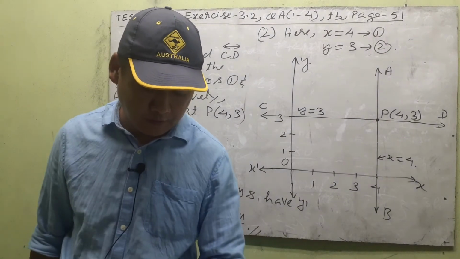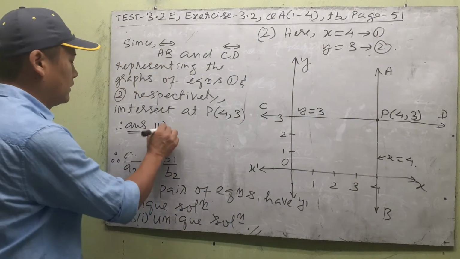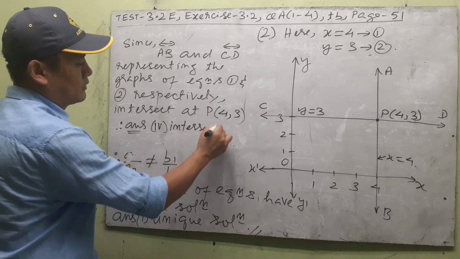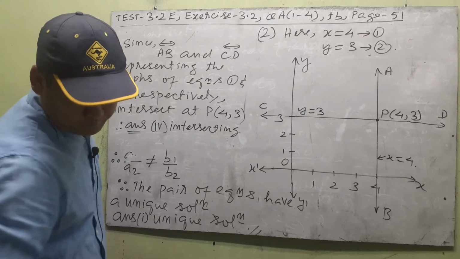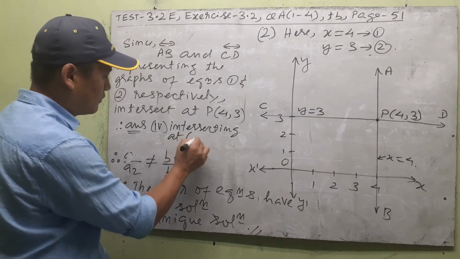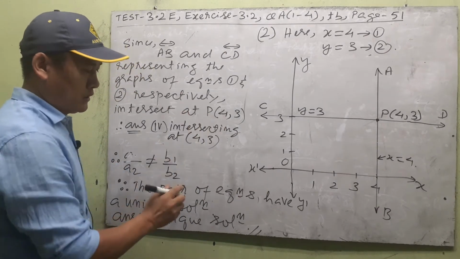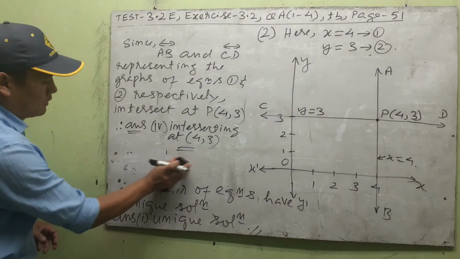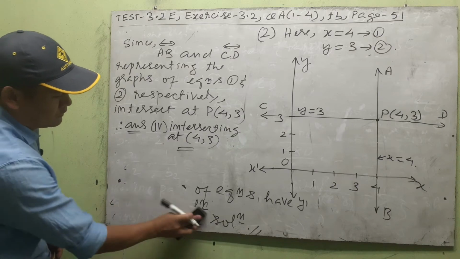Therefore the right answer choice would be there, number 4. So which is saying the two lines graphs are intersecting. The choice is saying intersecting at the point, comma, 4, comma, 3, matching this one. That's your answer for A2. Okay, I hope you're getting it.